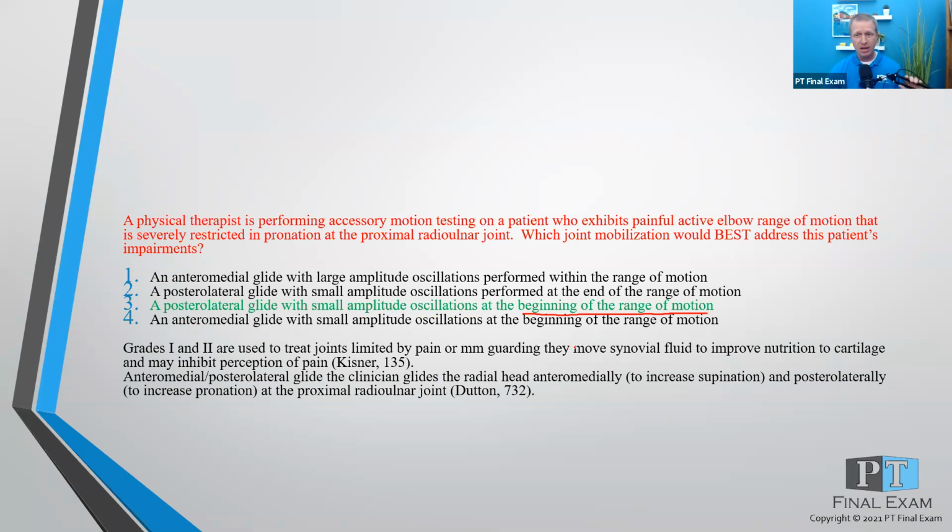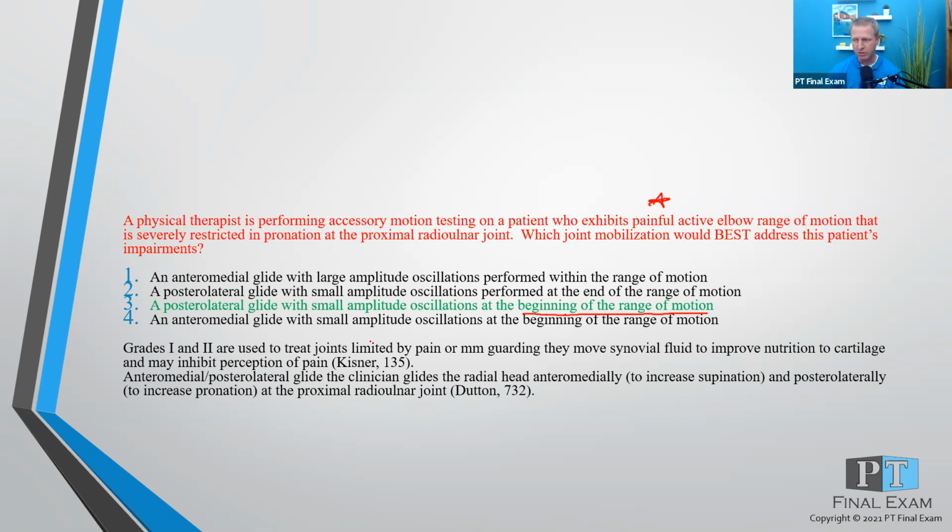And honestly, when you're doing joint mobilization interventions, you almost always start small, low and slow with your grade 1 and grade 2 Maitland mobilizations. So in this case, we're talking about grade 1 and grade 2. They're used to treat the pain and muscle guarding that is identified here, that we have a painful active elbow range of motion, and it will start the process of getting us into more pronation by reducing the pain and muscle guarding.